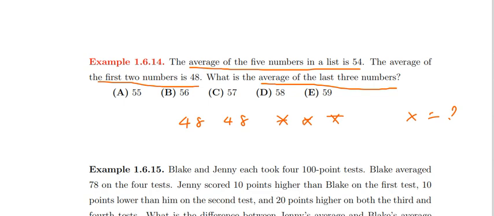So the average is 54, so the total is 54 multiplied by 5. We also can set 54 as 0.